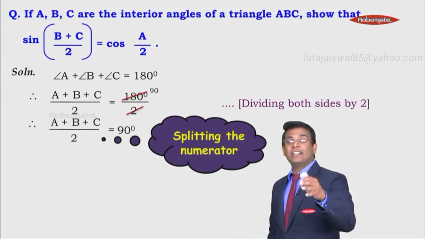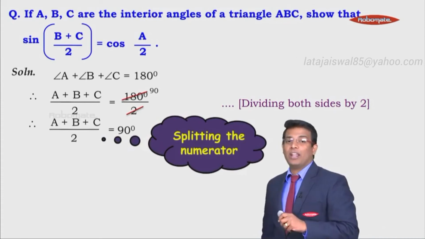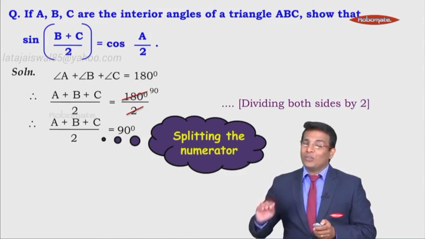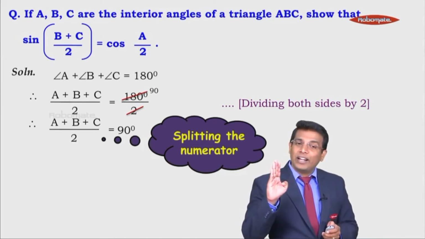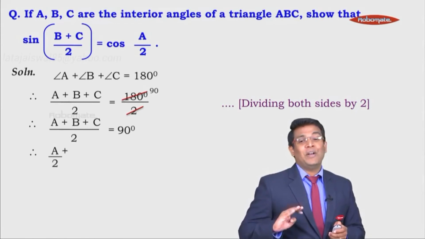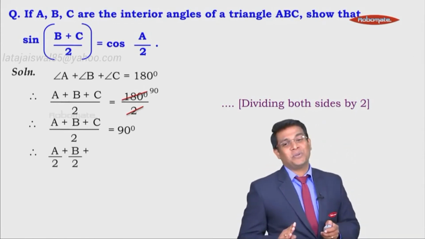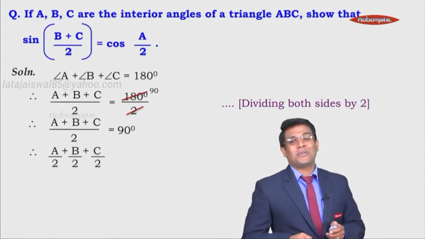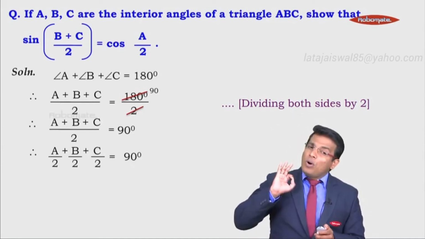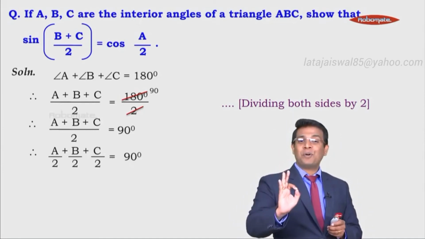Now we are going to split the numerator. Why? Because we want only (B plus C) upon 2 to be separate. So let's do that. Now when you split the numerator, you'll get A upon 2 plus B upon 2 plus C upon 2 is equal to 90. But we want only (B plus C) upon 2 to be separate.